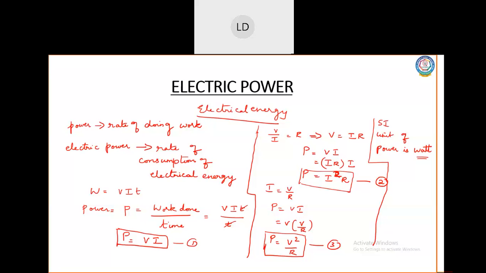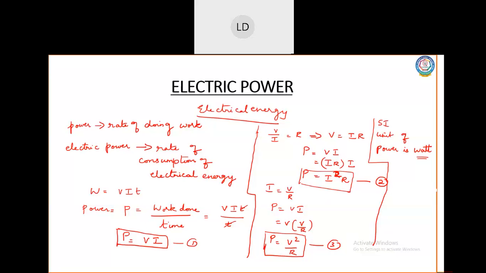Kilowatt is the unit of power which we use for electrical energy. Usually electrical energy, that is the usage or the consumption of electrical energy, is based on two factors, children. One is the amount of electric power that is there and the other is the duration of usage of this electric power.